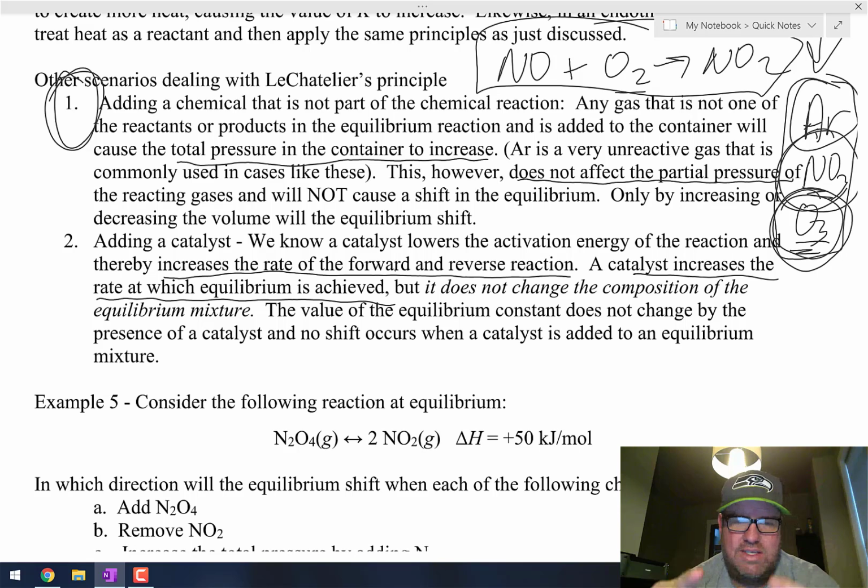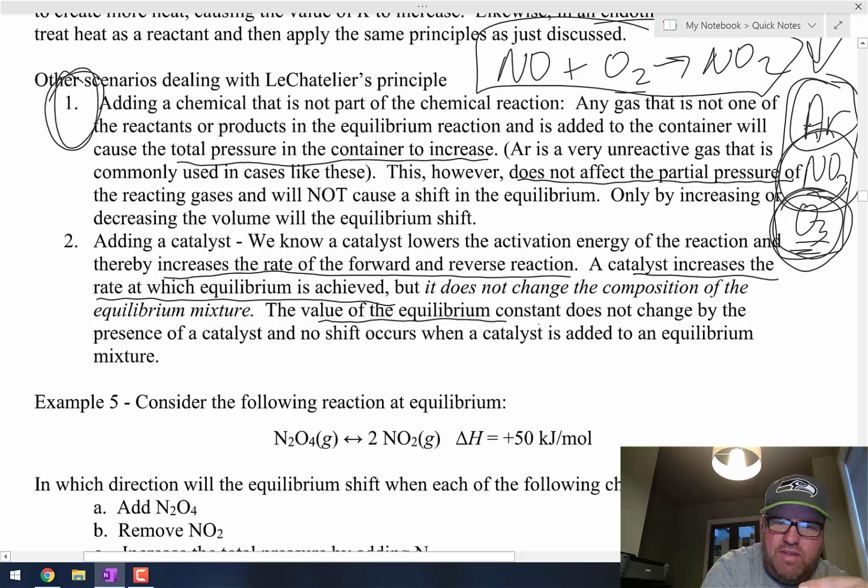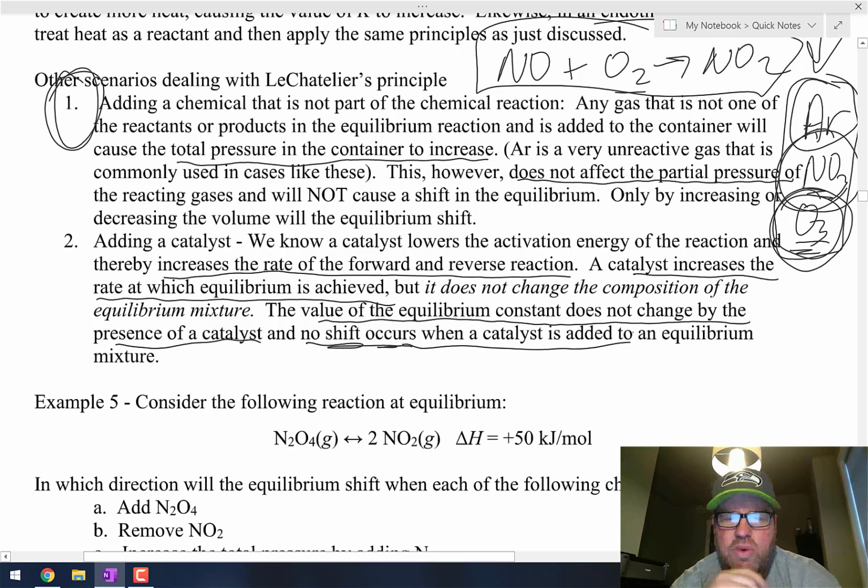It doesn't change the ratio of the reactants to the products in that equilibrium mixture. So the value of the equilibrium constant does not change by the presence of a catalyst, and no shift occurs when a catalyst is added to an equilibrium mixture. What does change? The rate or the speed at which you reach equilibrium.